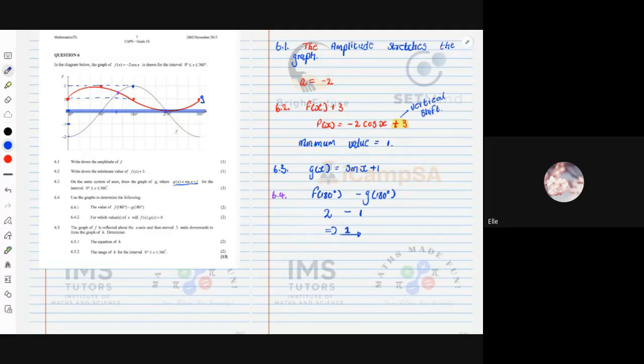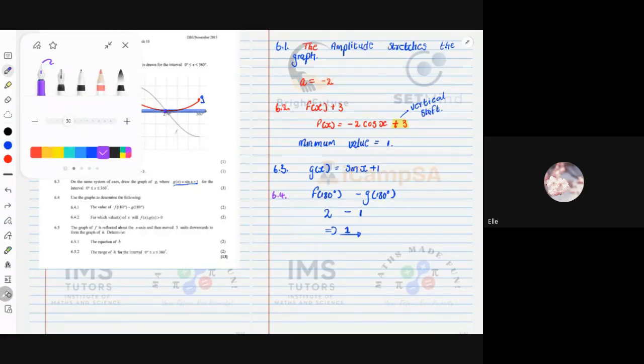And then they're saying 6.4.2: for which values of x is f at x times g at x greater than 0? We have done a similar question to this one, and I remember there are so many ways to answer this.